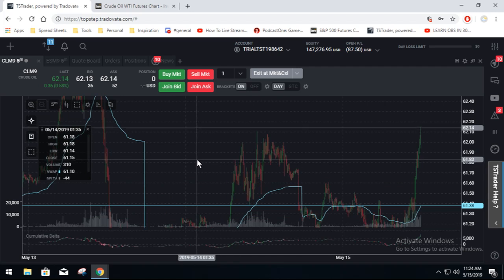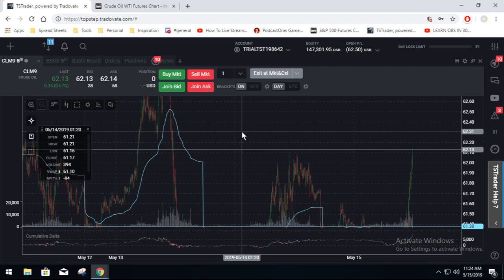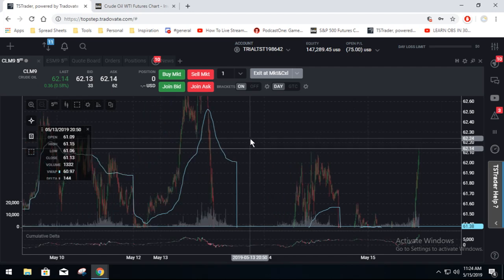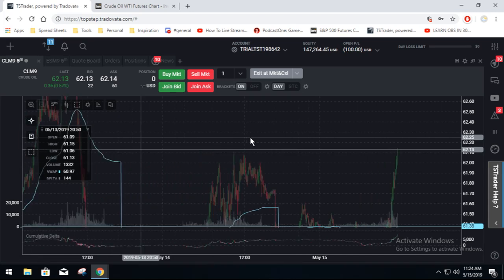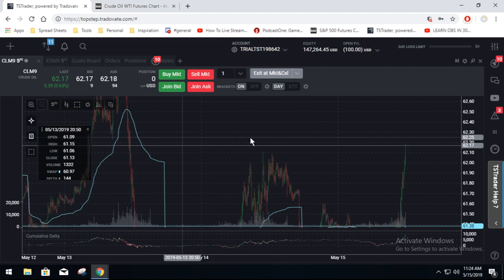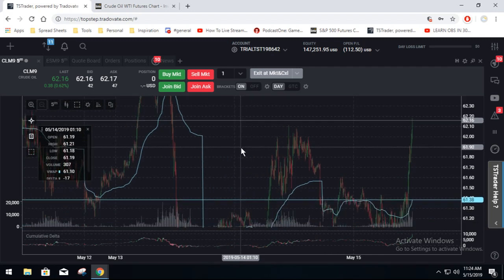Yep. Which is very odd. Very, very odd. Secondary entry is at 62s. Oil is building and oil price increasing. Weird. Very, very weird.